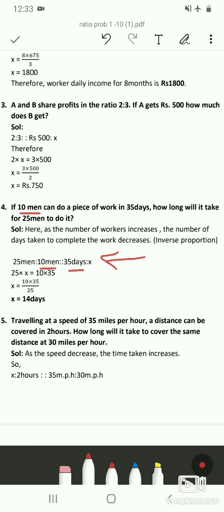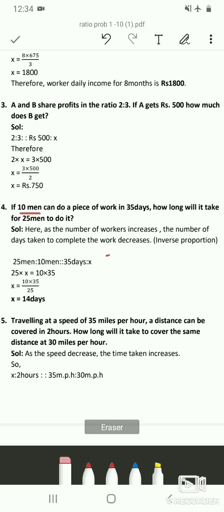For your easy understanding, in case of inverse proportion, the first quantities should be side by side. That is, they have to be written in the means of the proportion.